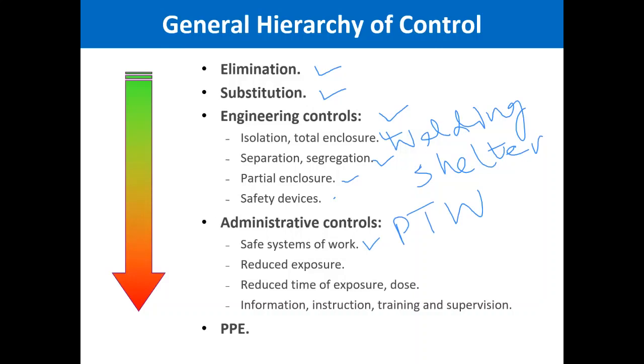Regarding the safety devices, can we provide the extinguishers and fire blankets and other equipment? Basically, it's not considered a safety device. A safety device will be something which changes the design. For example, in a vehicle, you have the speed limiting device.